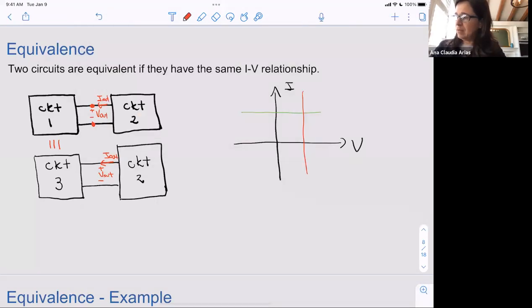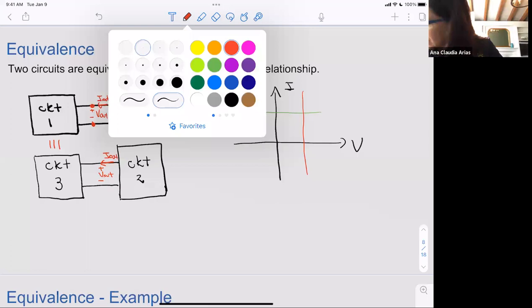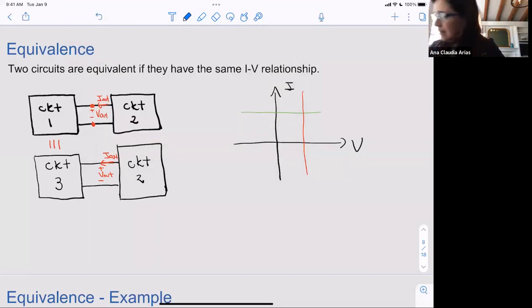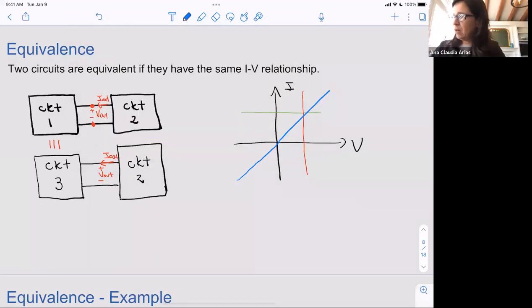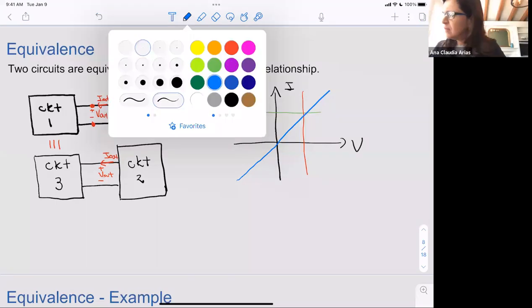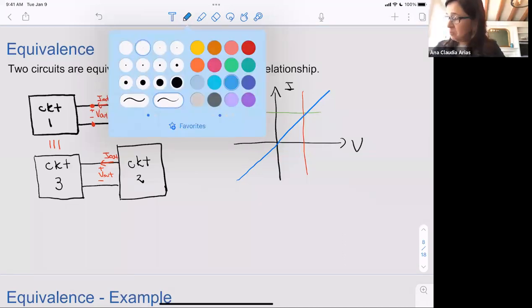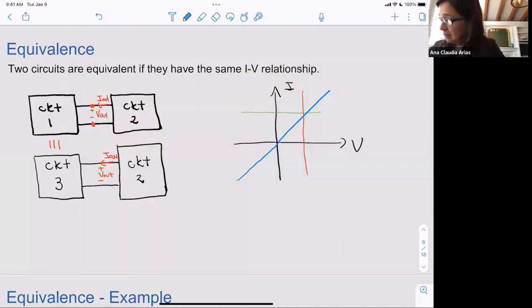In some cases, the IV characteristics is like this. In some cases, like this. We could also have IV characteristics, let me pick a different color here, that could be something like that, right?